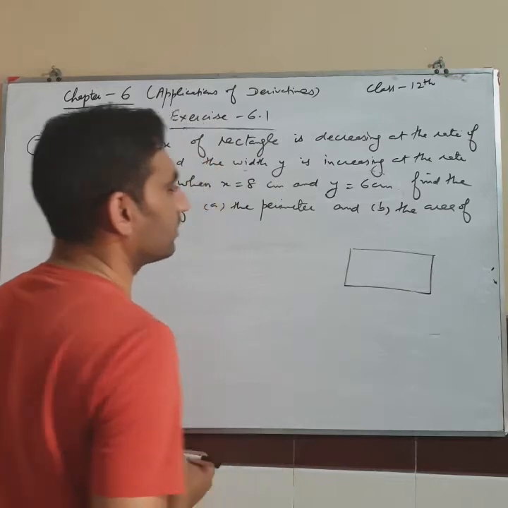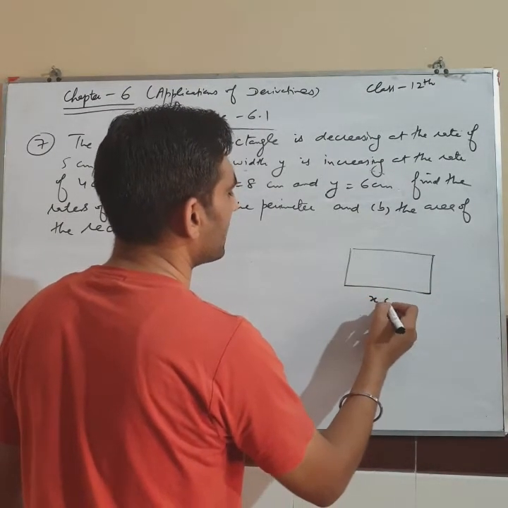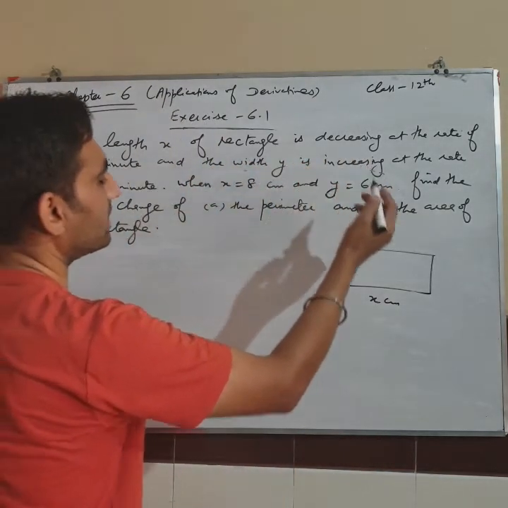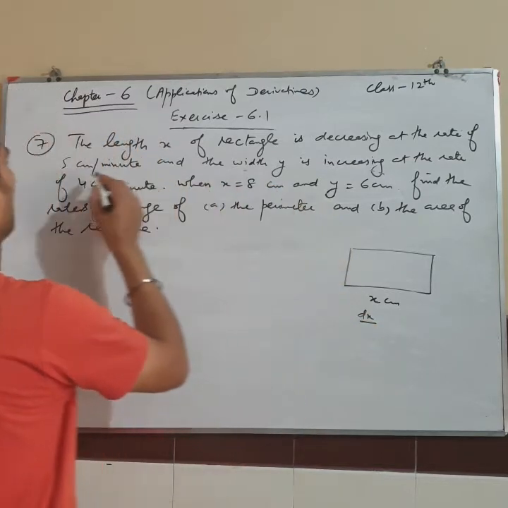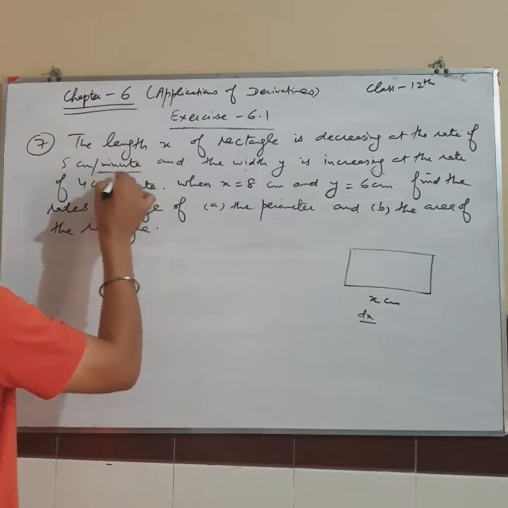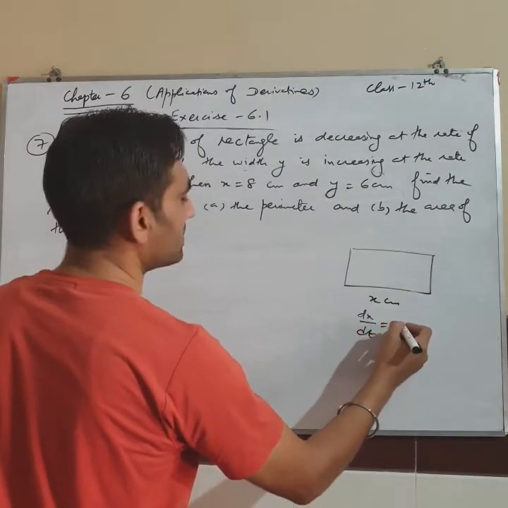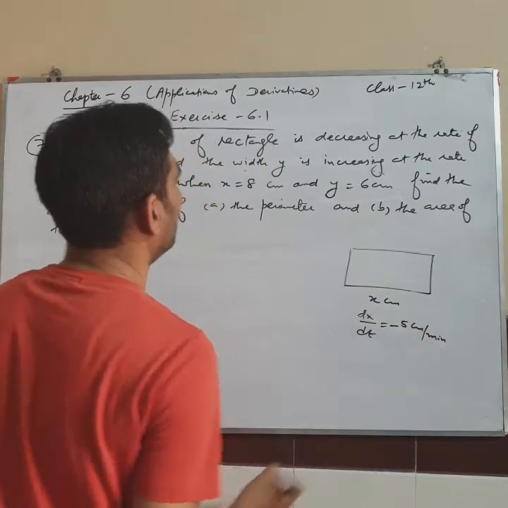Suppose this is a rectangular shape and its length is x centimeter. They have given the length x of the rectangle is decreasing. Decreasing means dx over dt, because of this time given. So dx over dt decreasing means negative 5 centimeter per minute.